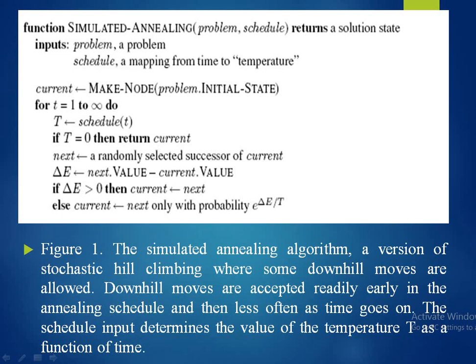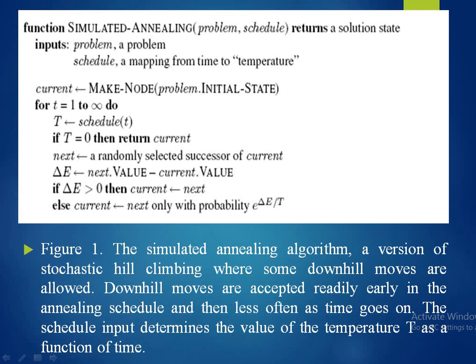Function simulated annealing (problem, schedule) returns a solution state. Inputs are a problem and a schedule, a mapping from time to temperature. Current is make node of problem.initial state. For t equal to 1 to infinity, do: T is schedule of t.